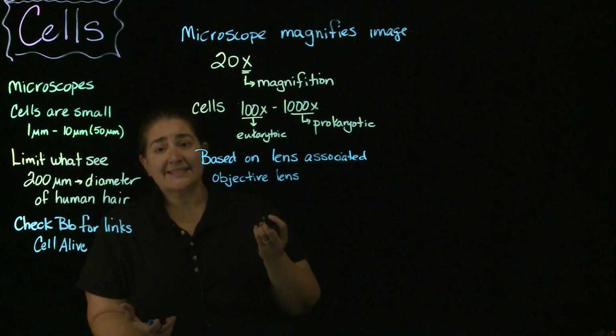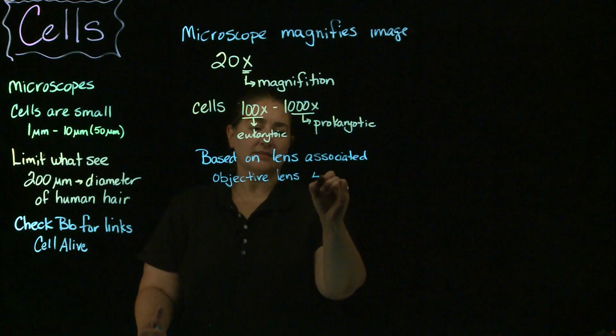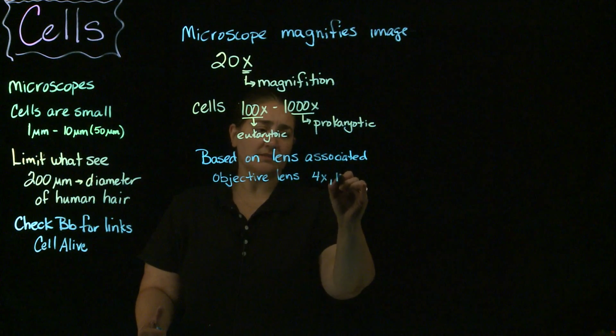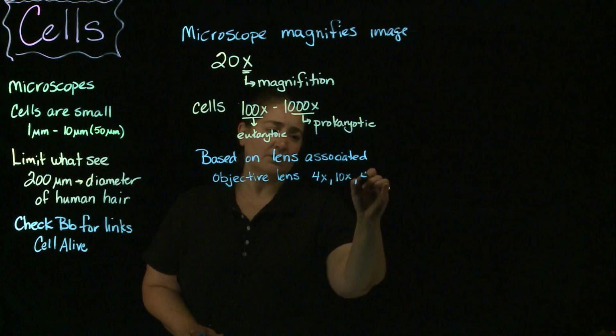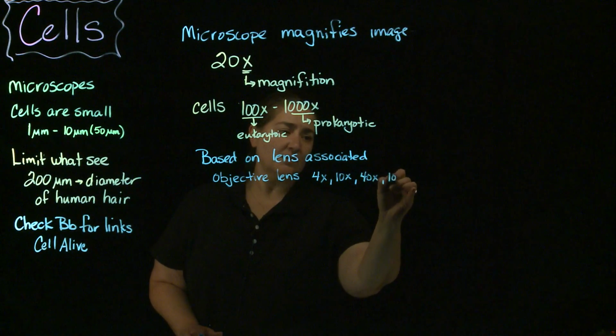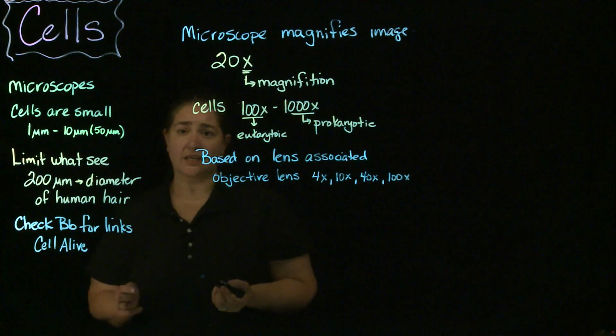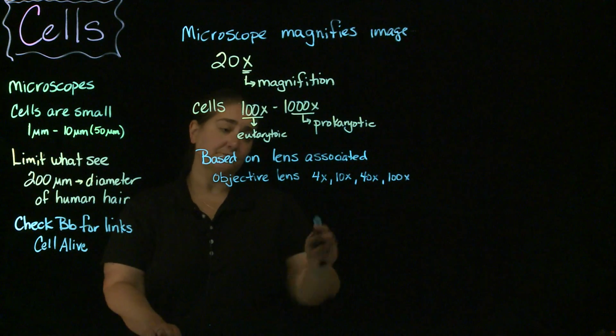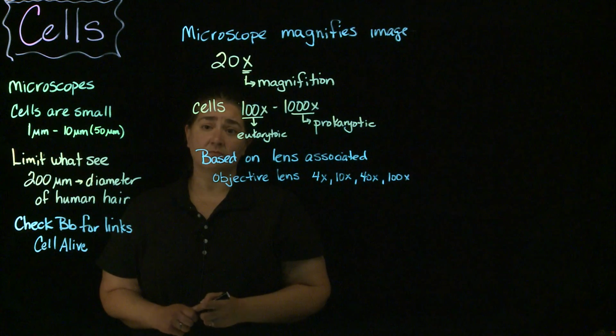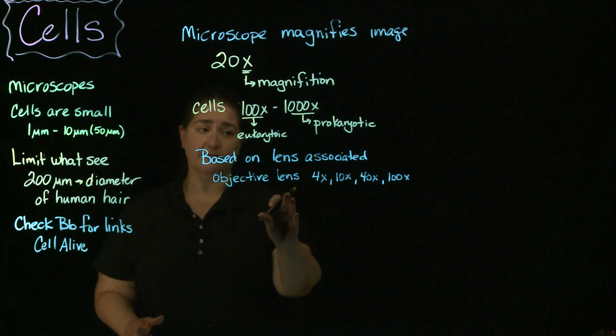And typically you'll see numbers on an objective lens, 4x, 10x, 40x, 100x, if you're taking the associated lab here. Those are the common objective lenses that we have.